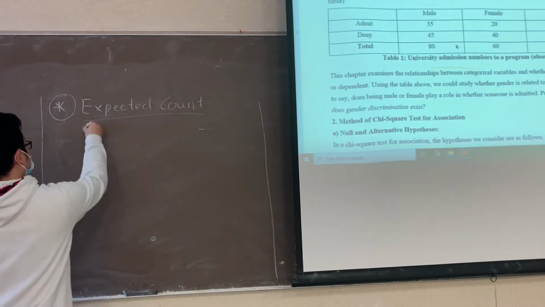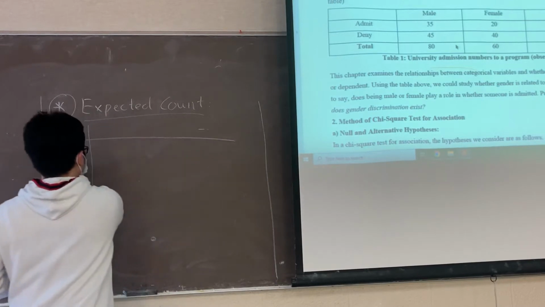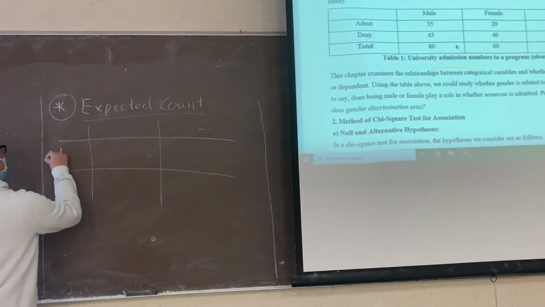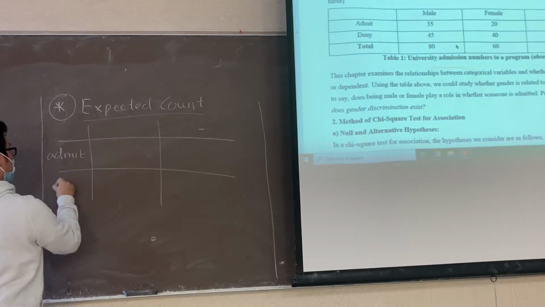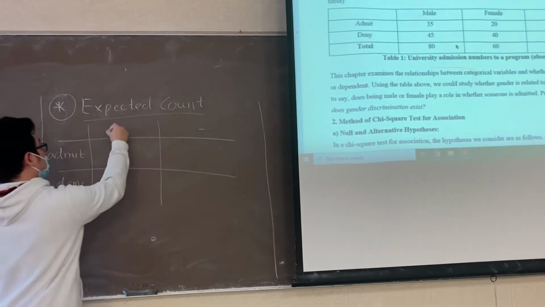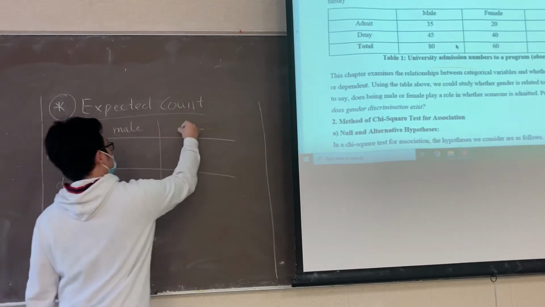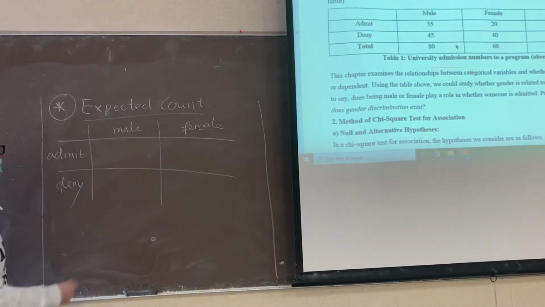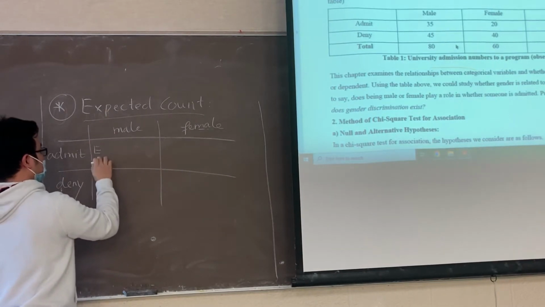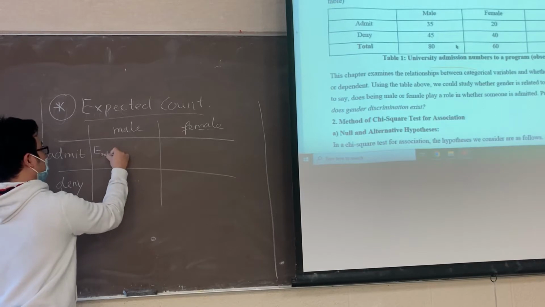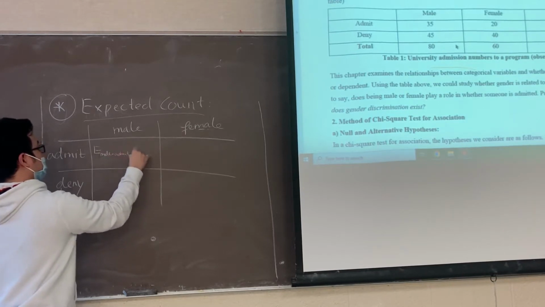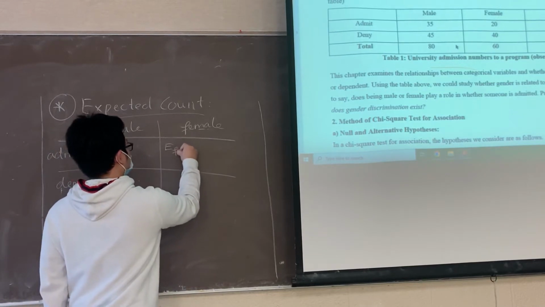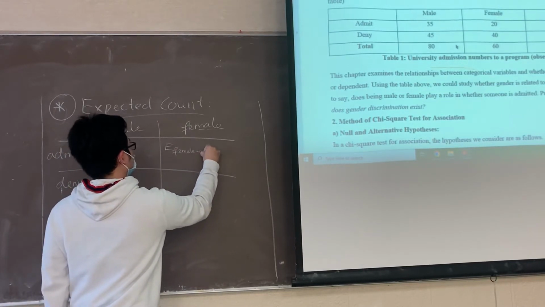So I put it in the table. Here we have admit and deny, and the male student and the female student. This is the expected count of male and admit. This is the expected count of female and admit.